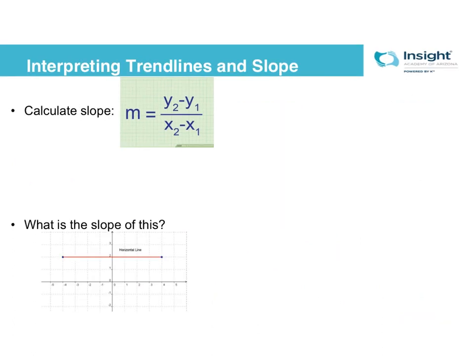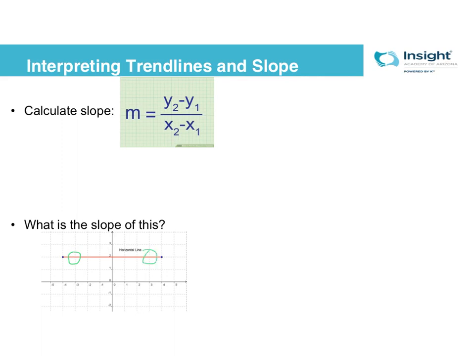And then one last thing related to interpreting trend lines and slopes. I want you to think about this one. Every once in a while you might run into some data like this. So what would the slope of this line be? If you're not sure right off just looking at it, choose two points and calculate it out.